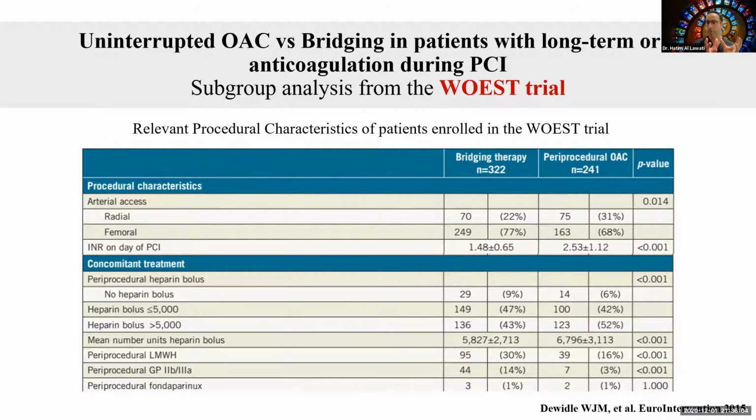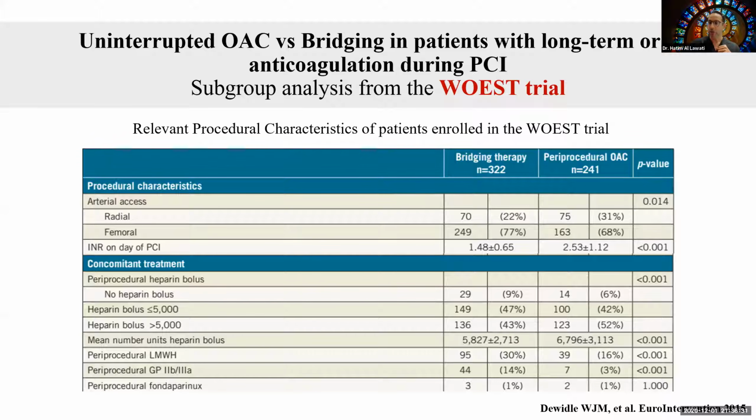So there was a subgroup analysis from that trial which tried to address whether uninterrupted oral anticoagulation was an acceptable strategy in patients undergoing PCI, or whether you had to stop vitamin K antagonists and bridge your patients with low molecular weight heparin or unfractionated heparin until they're ready for their PCI.